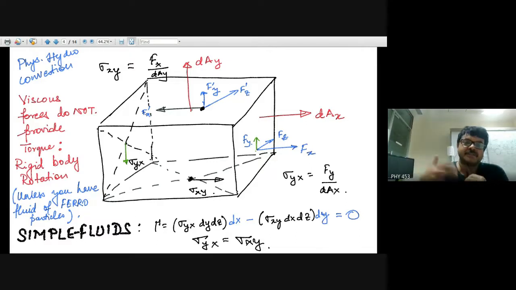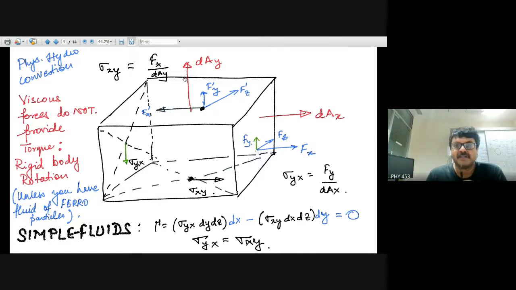Maybe you'll have to listen to this twice to get the point, but here we are looking at only parts which do shear, which deform. So those forces are equal and opposite.